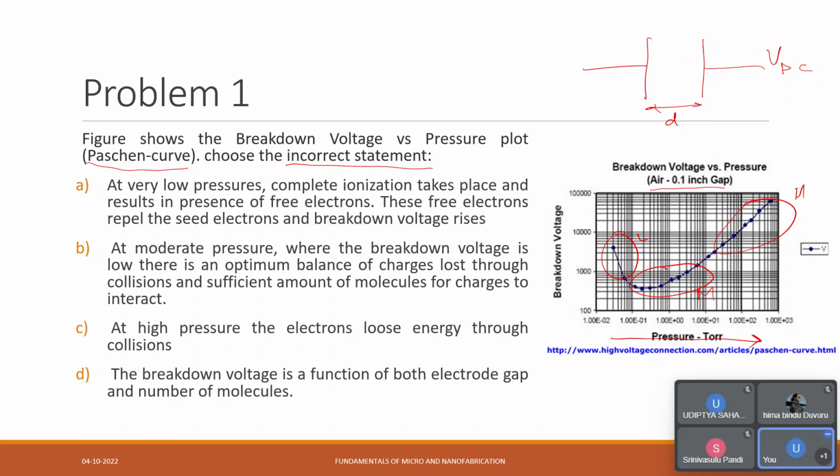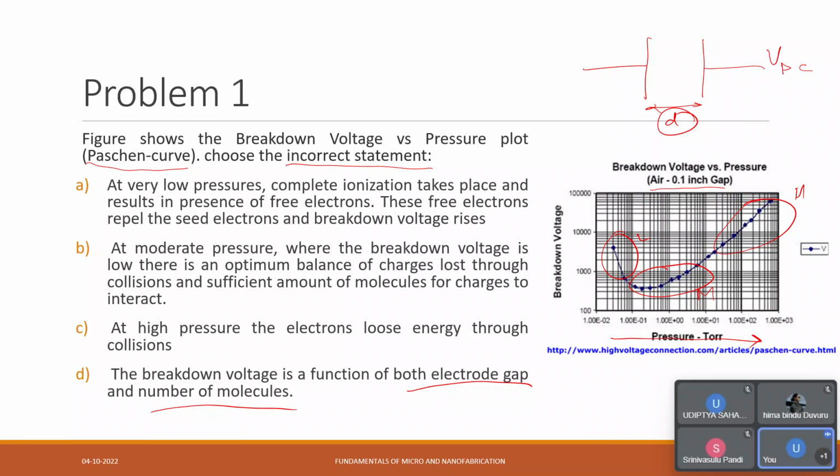So essentially the breakdown voltage is a function of both the electrode gap, which I called d, and the number of molecules, which we can think of in terms of the pressure.